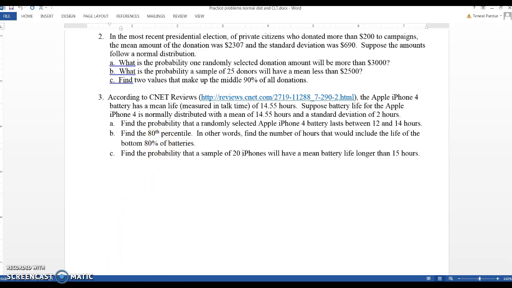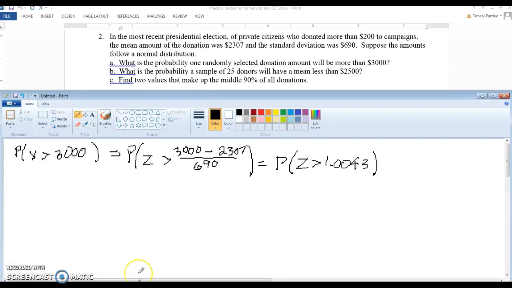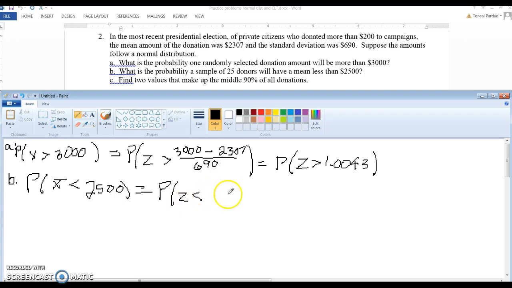1B says find the probability that a sample of 25 donors will have a mean amount less than 2,500. This is a central limit theorem problem because it's asking for the probability related to the sample mean.